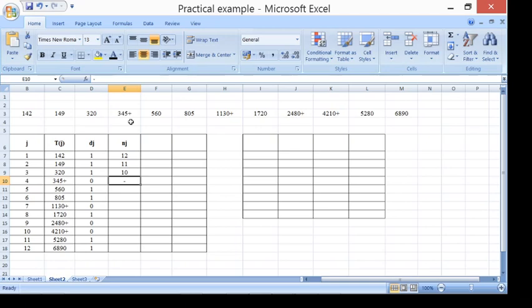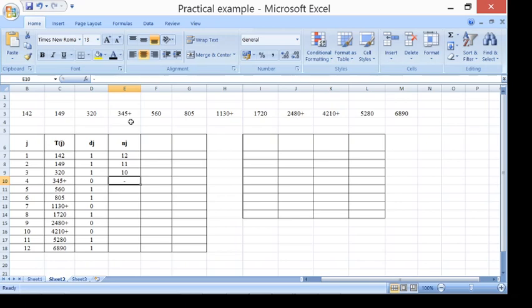Then suppose at time point 346, how many components will we have? We will have, sorry, 8 components, because out of 12, 3 components have failed at time points 142, 149, 320, and 1 component has been removed at time point 345 plus.